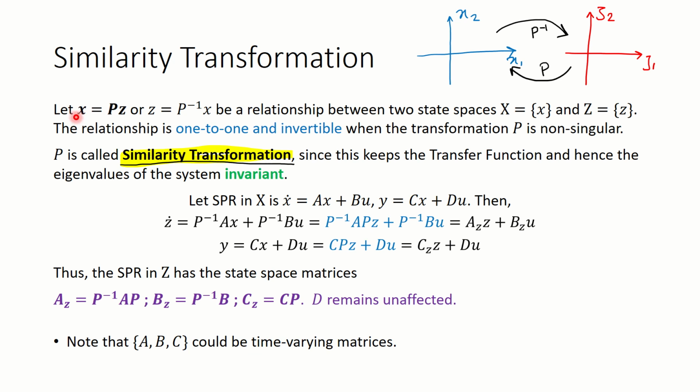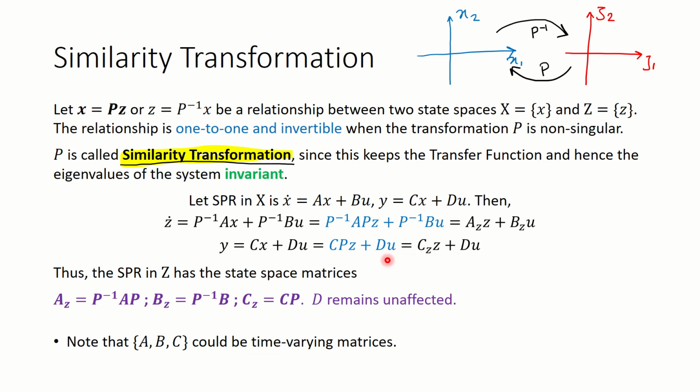You already know the representation in X, and you are trying to find the representation in Z, and X and Z are related in this manner: the left-hand side is what we know, the right-hand side is what we want to know, and what we know equals P times what we want to know. If you follow this convention, then the A matrix of what we want to know, which is Az, will always be P inverse A P. Bz is P inverse B. Y is Cx plus Du, x is simply written as Pz, and Du does not change because there is no transformation on u.